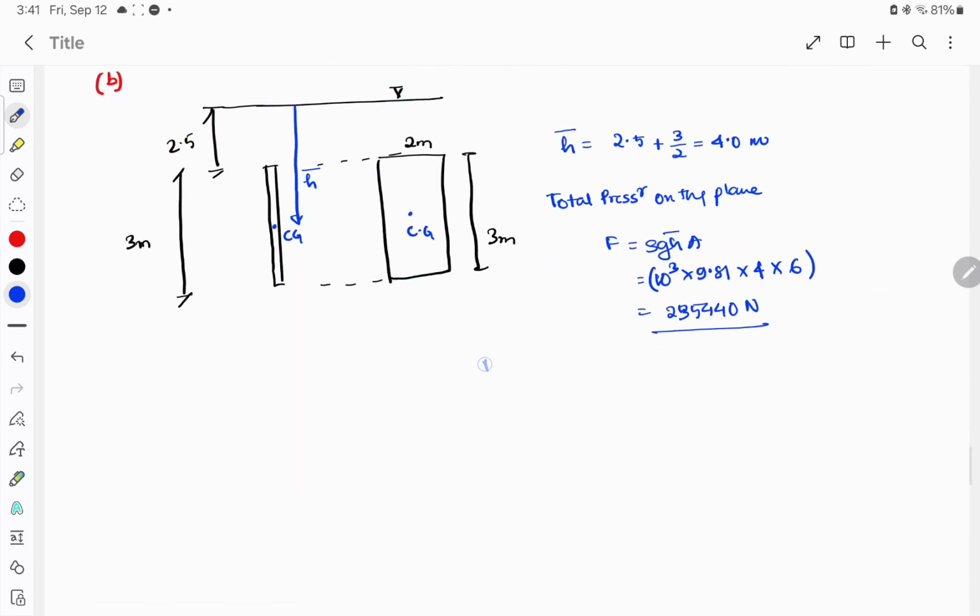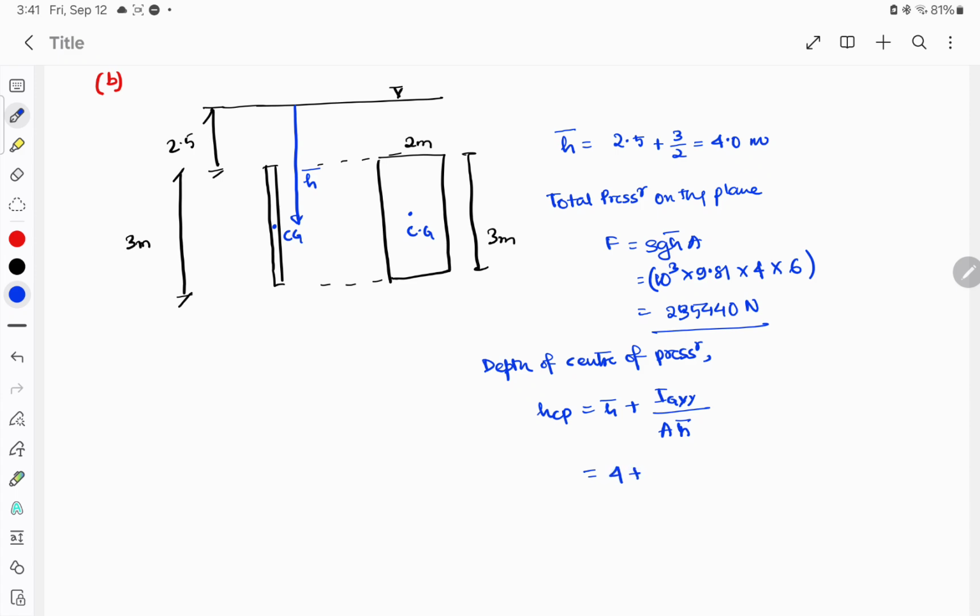And the depth of center of pressure, the point at which the force is being applied, h_cp will be h bar plus I_G yy divided by h bar into A; here sine square theta is equal to 0 because theta is 90 degrees, so as a whole I'm not using that.